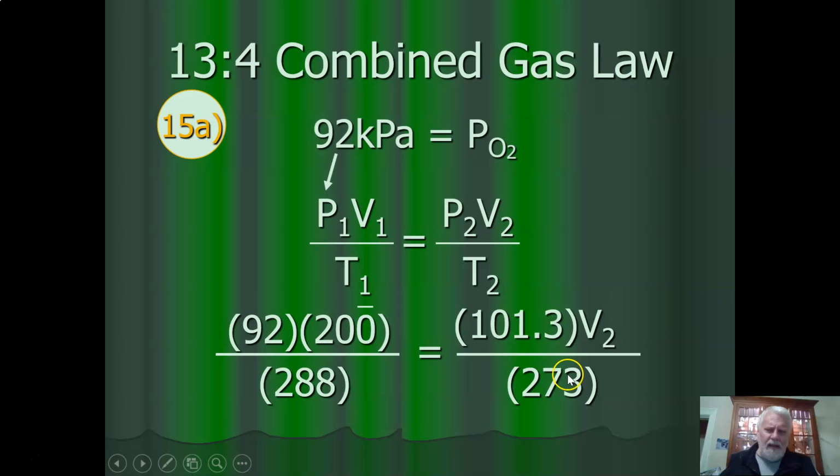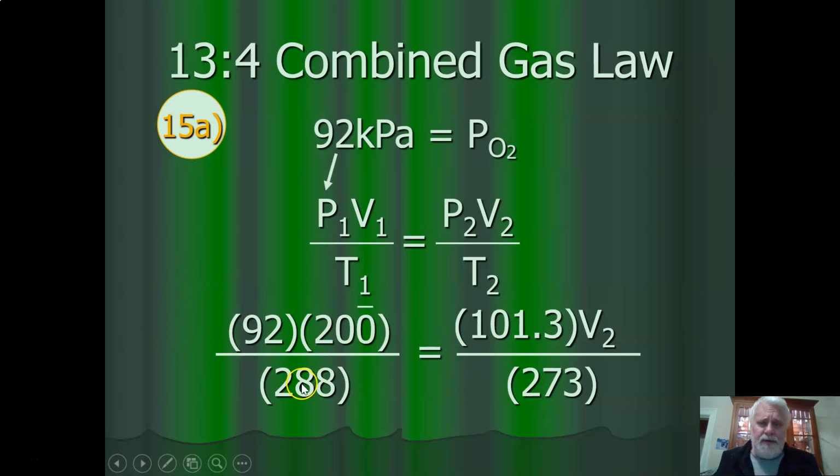Okay? Now, how you do the math here is very important. I always, in my mind, say that 273 is going to slip up on top over here, so I multiply these together. That gives you your cross multiply, right? So you're going to multiply all these numbers. Now this 101.3 is going to drop down on the bottom with this 288. So the way I do these problems is I take 92 times 200 times 273 equals. That's the numerator.